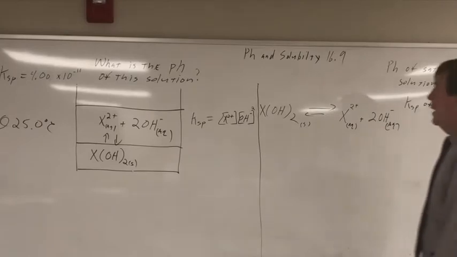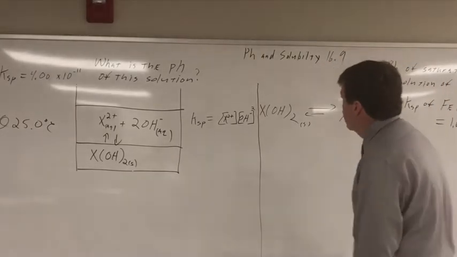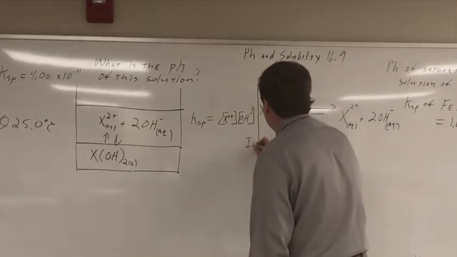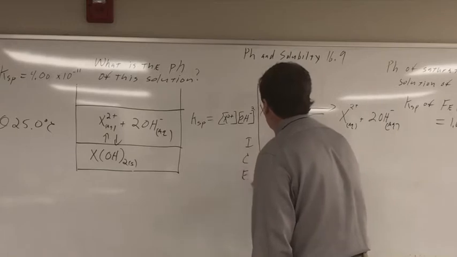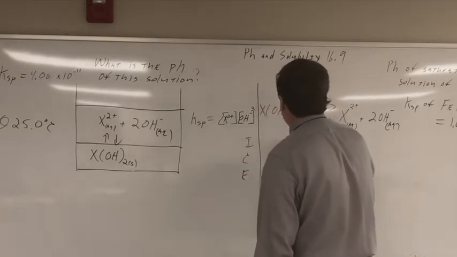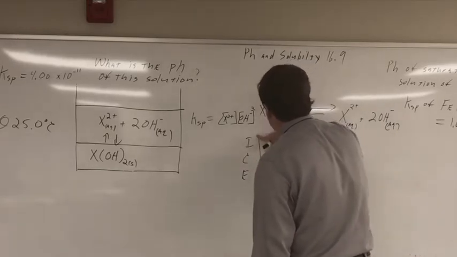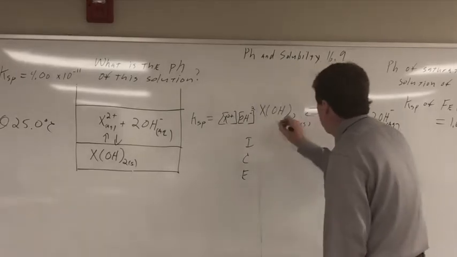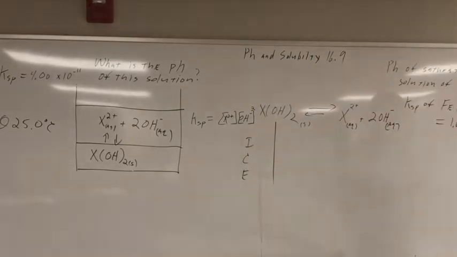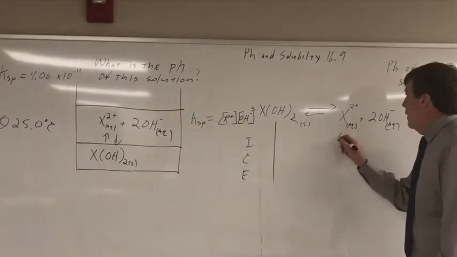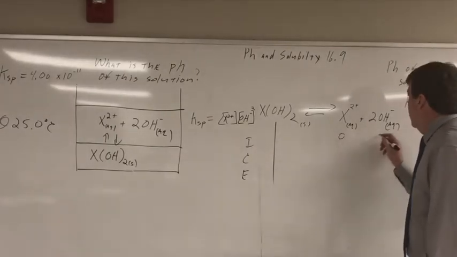Let's do an ICE problem now. So I'm going to put ICE here. And notice we'll put a line right through here because that's a solid. And notice initially we're going to have 0 and 0 here.